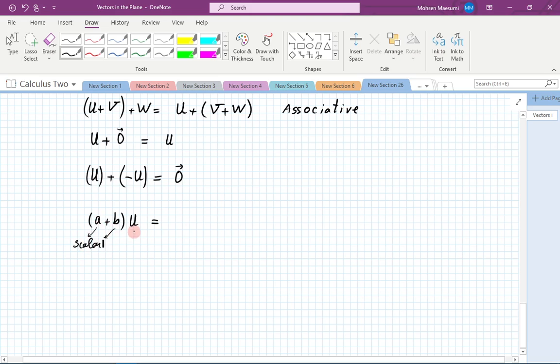This is a scalar, and in this notation, this is supposed to be a vector. So to be correct, I have to put an arrow on top of this. So what does this mean? This is a times u plus b times u. What is this saying? It's saying that if you have 2 plus 3 times some vector u, you could also think about it as 2 times u plus 3 times u.